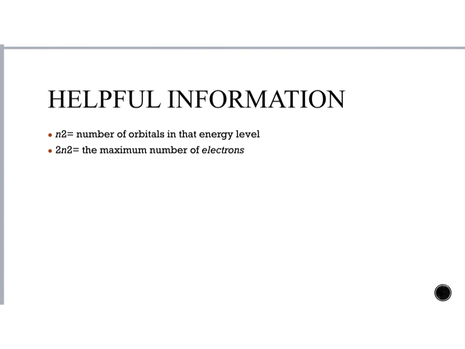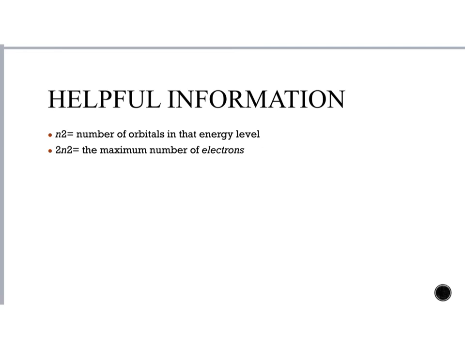You can use this information to help you solve some problems that have to do with determining the number of electrons and energy levels or orbitals, etc. So if you need to know the number of orbitals in a certain energy level, you just take that energy level, let's say it's 4, or 5, or 6, and you just square it.